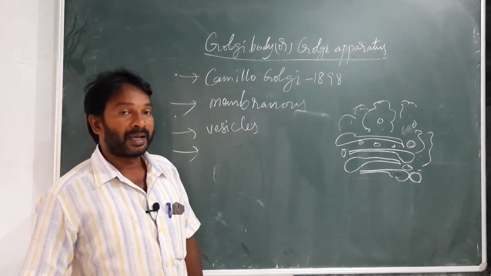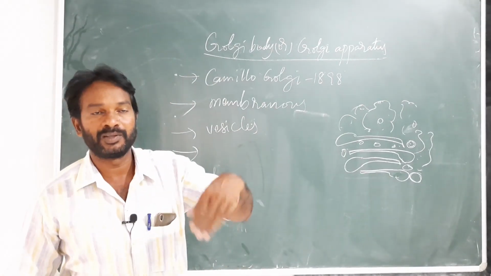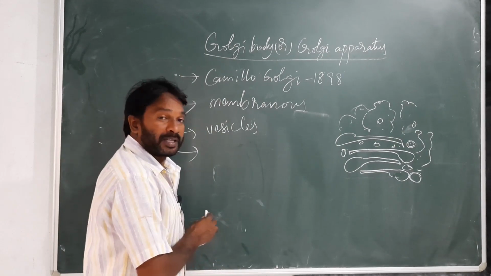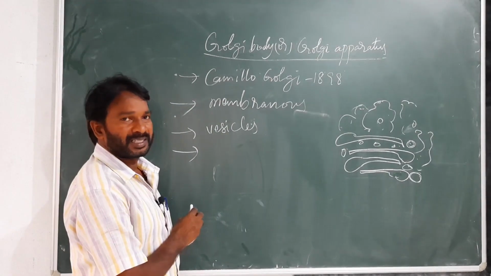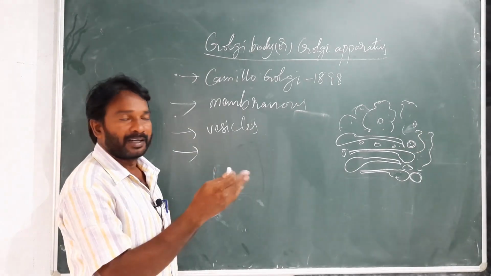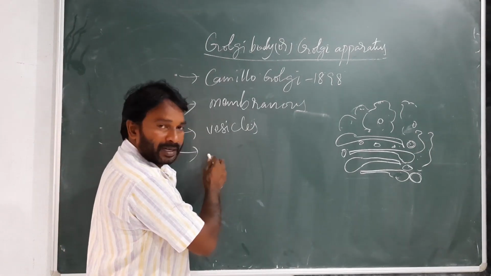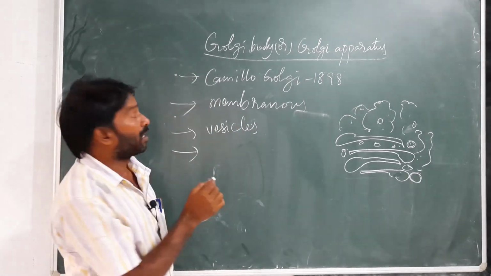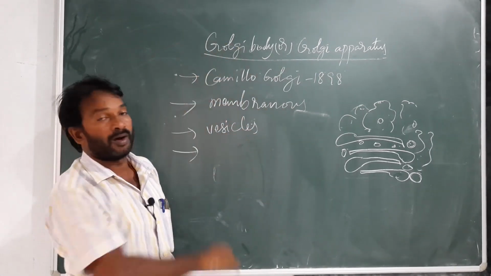Substances like proteins, lipids and others produced by the ribosomes reach the vesicles and are sent to different parts of the cell through the Golgi apparatus.